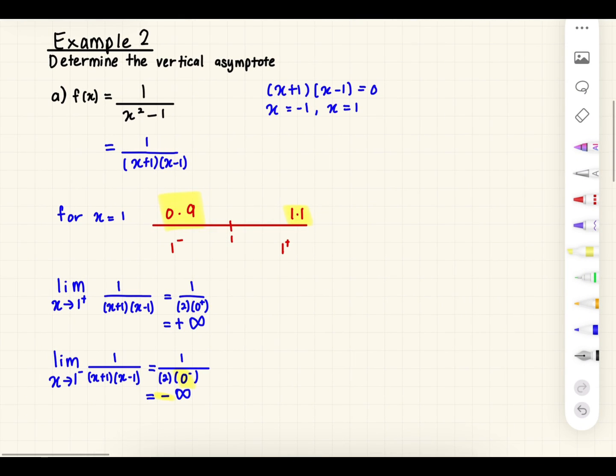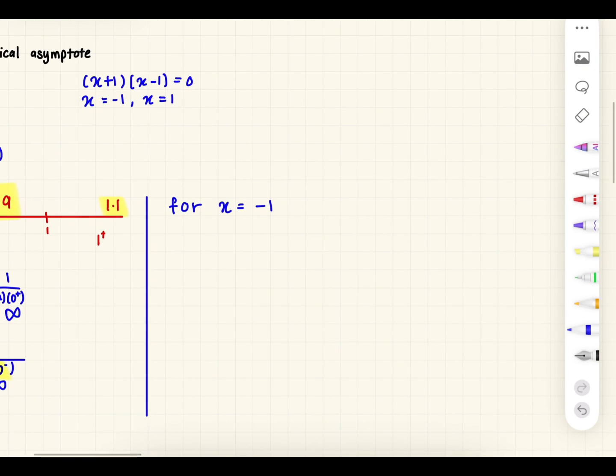So now we need to proceed with x equals negative 1. And remember, we have two values of x here. So let's do the number line to make it easier for us. So negative 1, we have negative 1 from the right and negative 1 from the left.